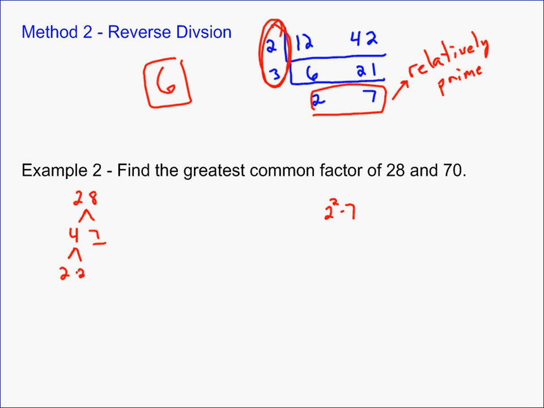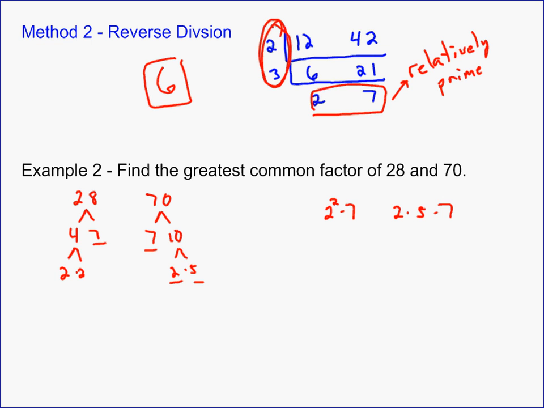Look at the prime factorization of 70. To me, the easiest way to do that is 7 times 10. 7's already a prime number, so we've got to do 10, which is 2 times 5. Now we have all prime numbers, so the prime factorization of 70 is 2 times 5 times 7. So the prime factorization of 28 is 2 squared times 7. Of 70 is 2 times 5 times 7.